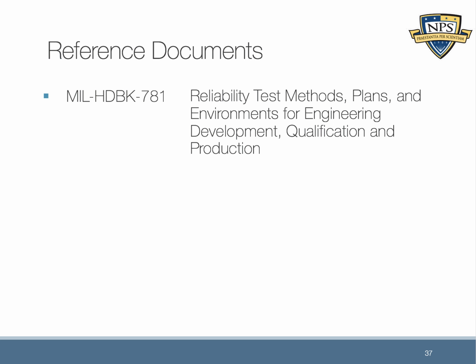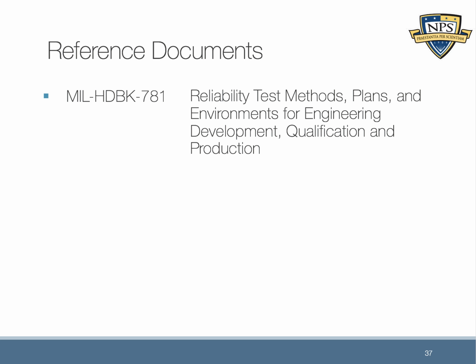On that note, reference documents for today's lecture. The primary one is going to be Mil Handbook 781. This is one of the primary reliability testing documents for systems. You'll notice on Sakai, I have a bunch of other mil handbooks and mil standards.